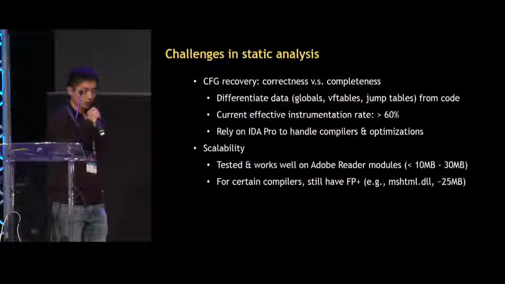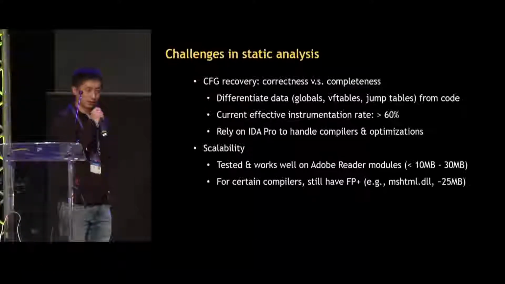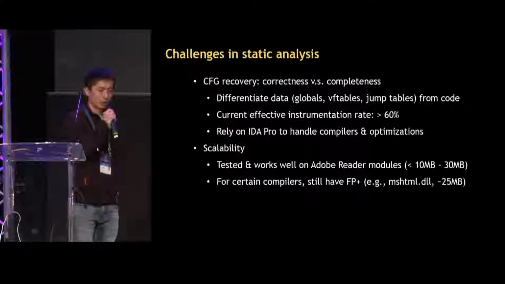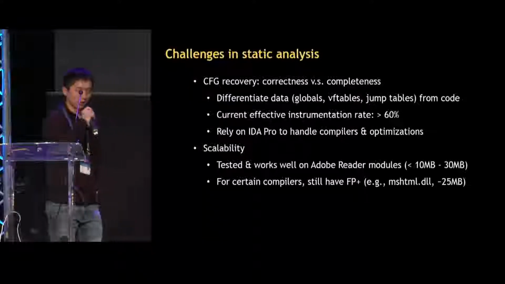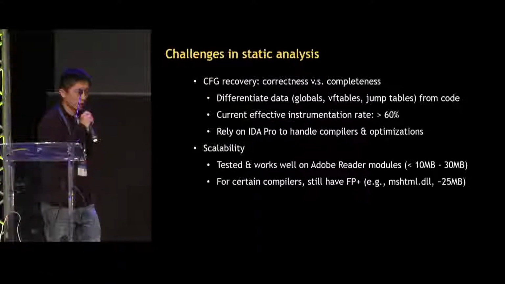Sometimes the disassembler cannot differentiate that data. These are actually pointers embedded in code segments, and those will give you a wrong CFG. If you rely on this information, the instrumentation will not work and will give you false positives like crashes.